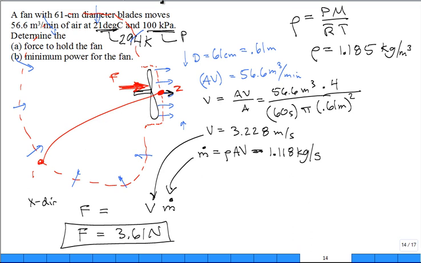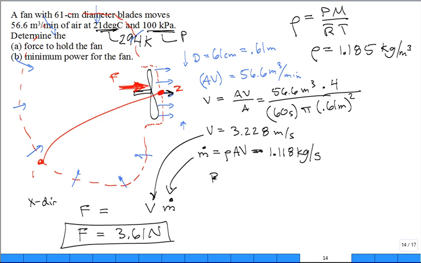Which one do you want to work with? Pressure, energy per unit mass, or energy per unit weight? Energy per unit weight.